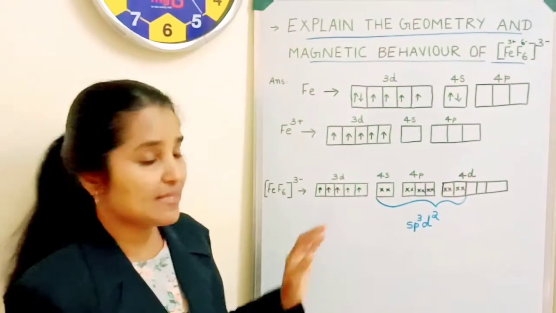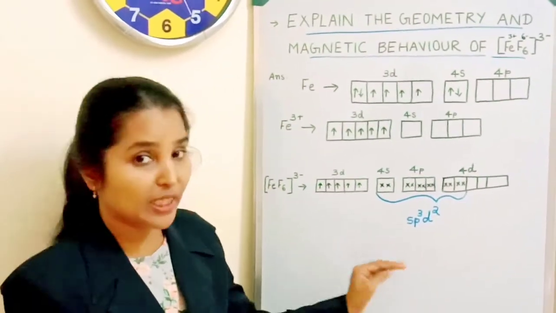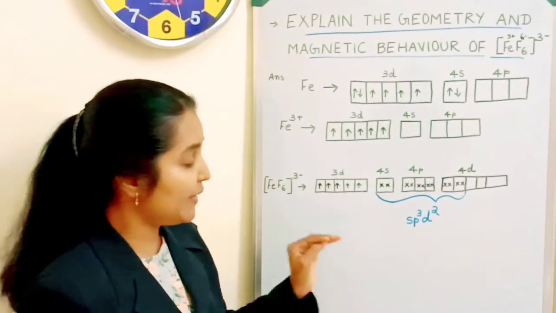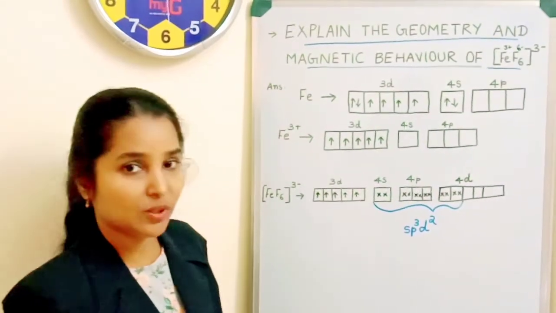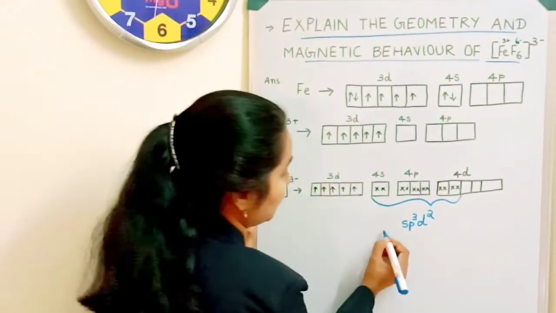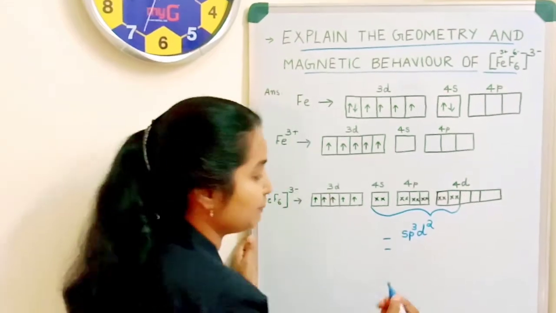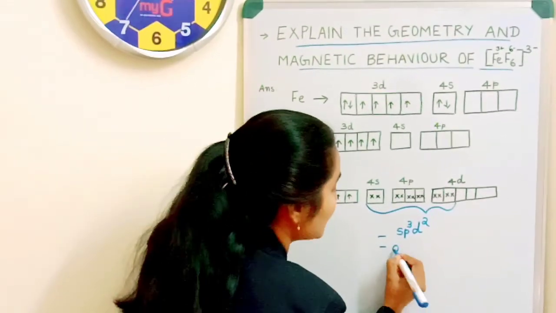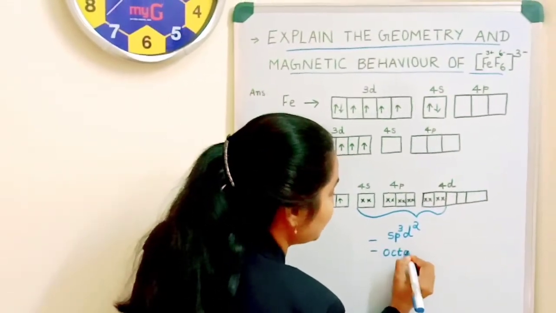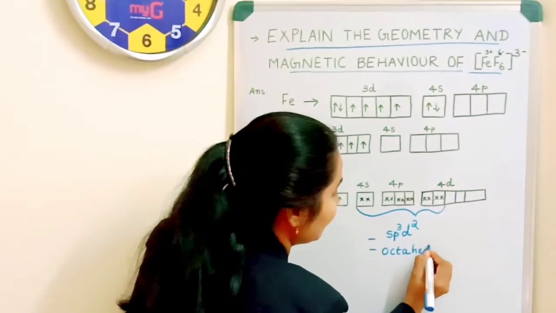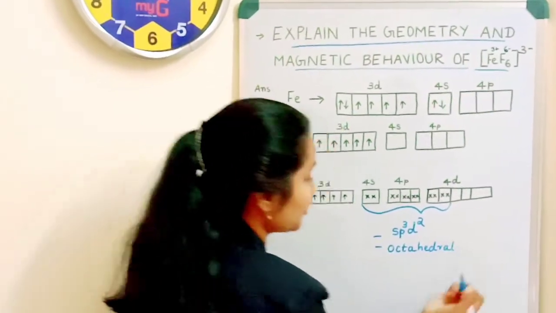So its hybridization is sp3d2. If the hybridization is sp3d2, what will be the shape of that particular complex? It will have octahedral geometry.